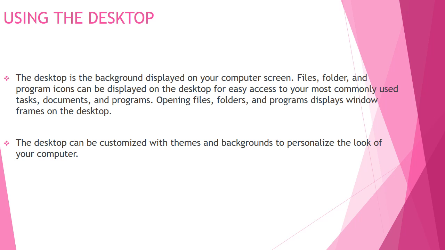Opening files, folders, and programs displays window frames on the desktop. The desktop can be customized with themes and backgrounds. Those themes and backgrounds are template designs that make individuals interested in using them because they are so attractive on our computer screen.